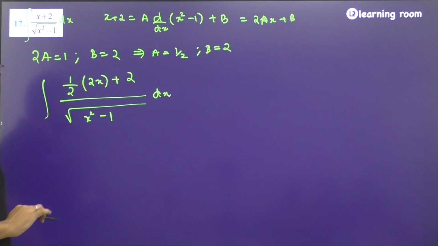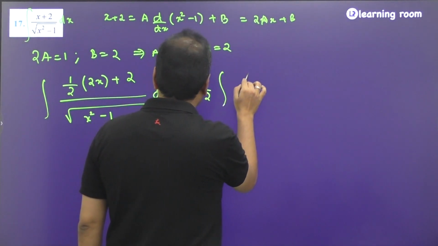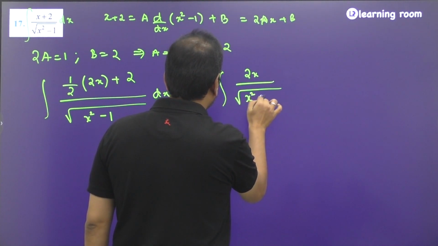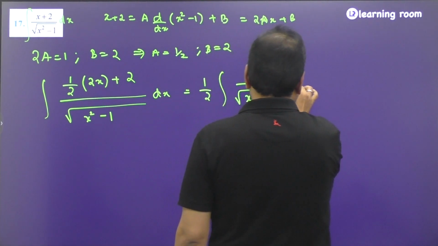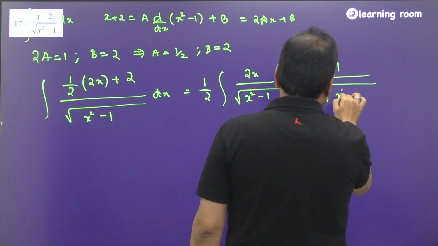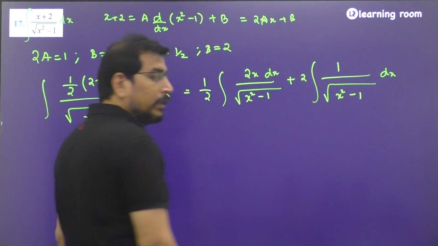Now you need to split the denominator to each term in the numerator. So you will get half into the integral of 2x divided by square root of x square minus 1, plus 2 into the integral of 1 by root of x square minus 1 dx.